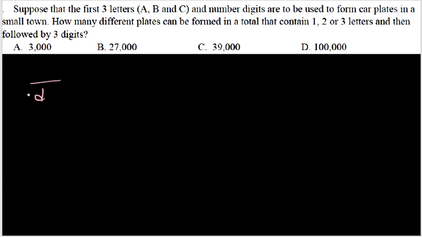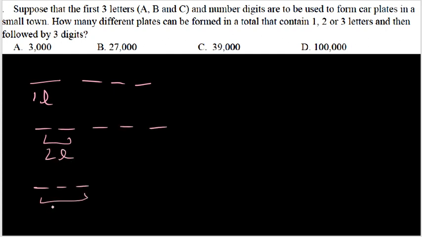I mean, 1 letter and 3 digits, or 2 letters and 3 digits, or 3 letters and 3 digits. This is a possibility because the secret is here. It says 1, 2 or 3 letters and then followed by 3 digits.